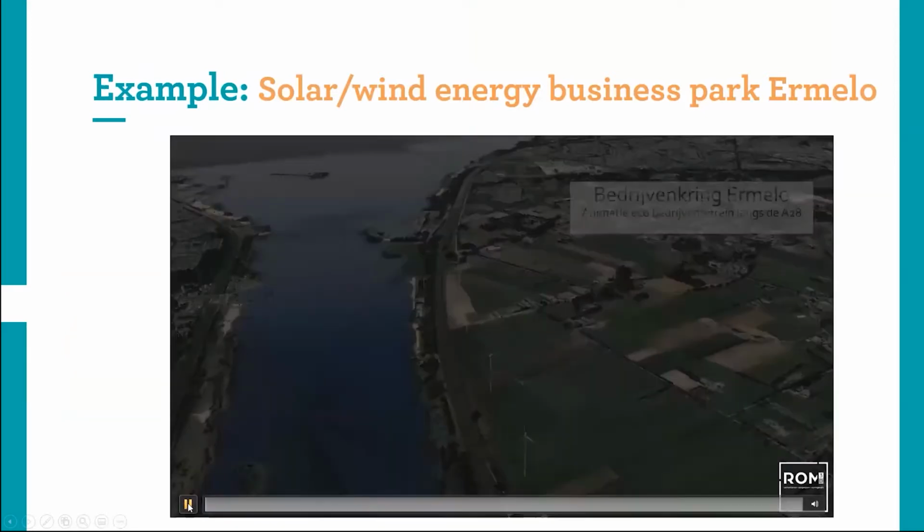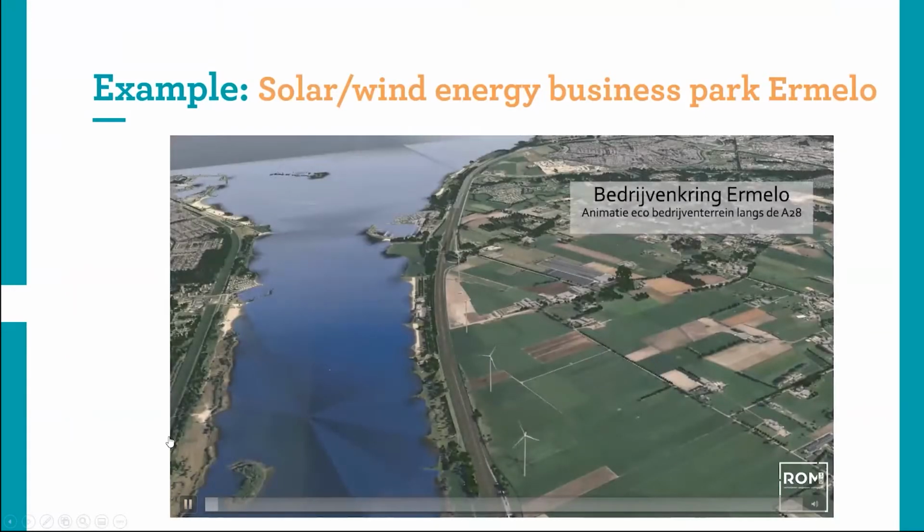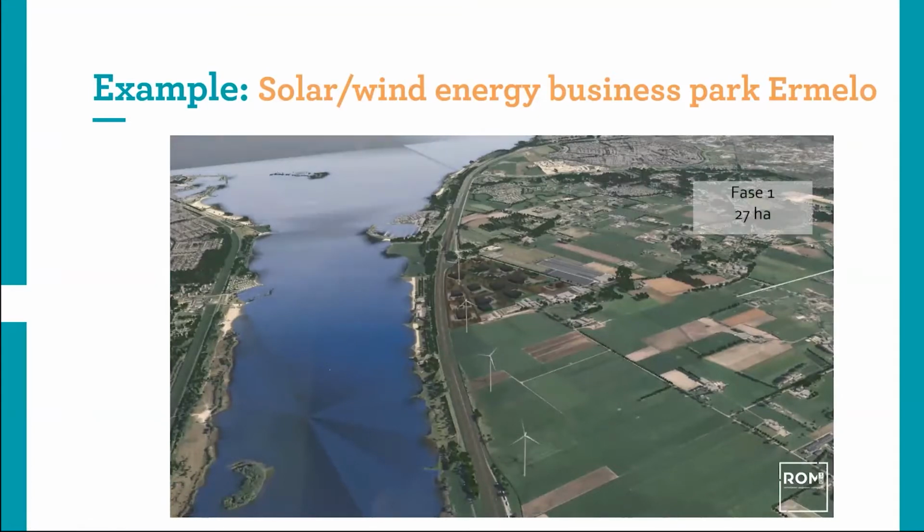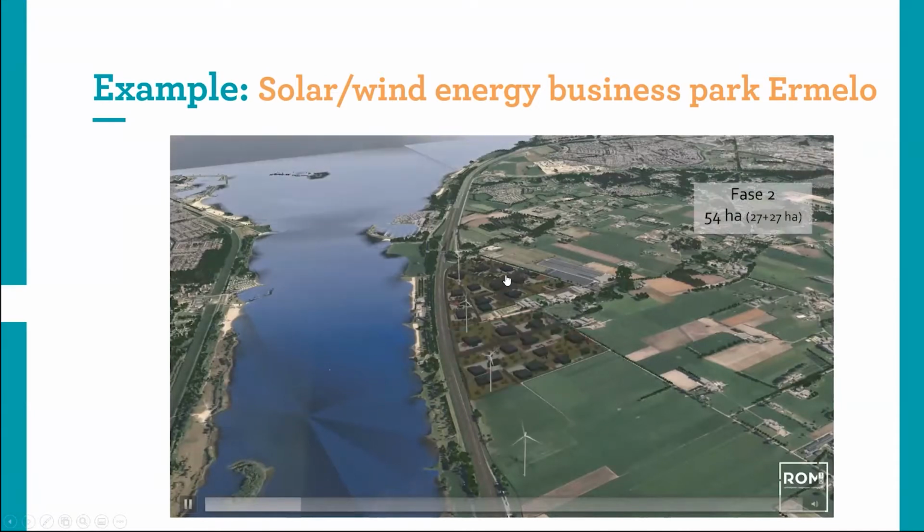And this is a movie of the solar and wind energy business park in Ermelo, which is a city in the Netherlands. You can see the wind turbines generating energy. This is a new business park which needs to be realized, and there are some solar panels on the roofs of the buildings.